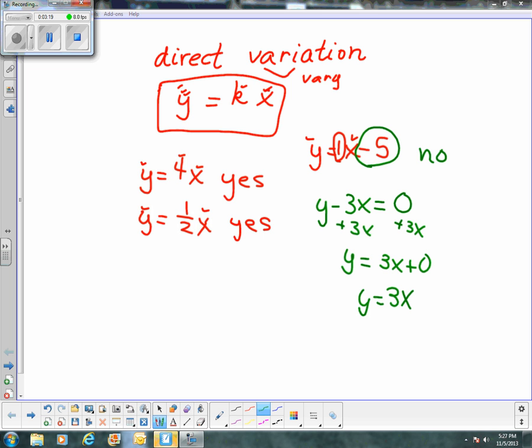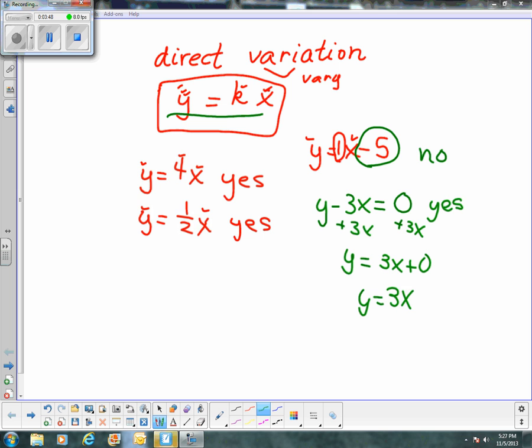In its present state, y minus 3x equals 0 does not fit the direct variation model. But if we simply move the 3x to the other side and simplify, it does. So this is a direct variation.